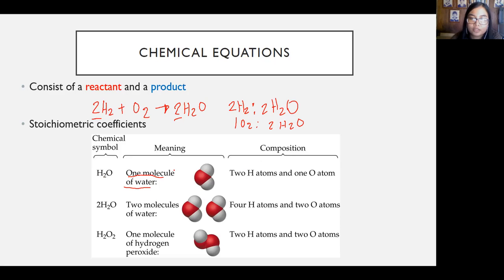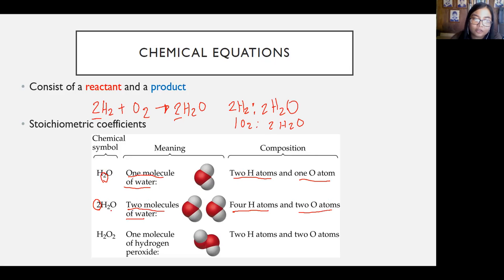So, ang composition niya, because may subscript tayo ditong 2, so meron tayong 2 hydrogen atoms and 1 oxygen atom. So, dito naman sa second example, we have here integer 2 as our stoichiometric coefficient. So, this means we have 2 molecules of water. So, this would consist 4 hydrogen atoms and 2 oxygen atoms.